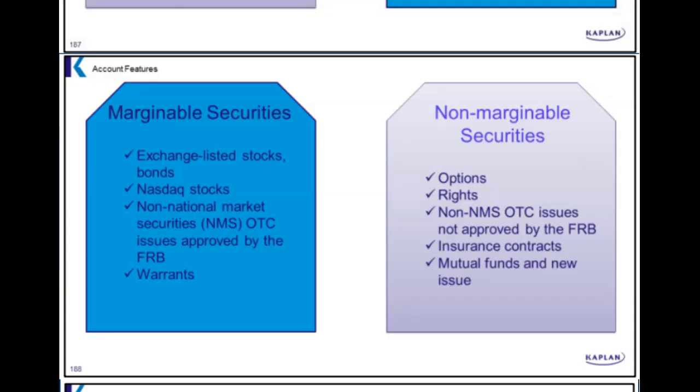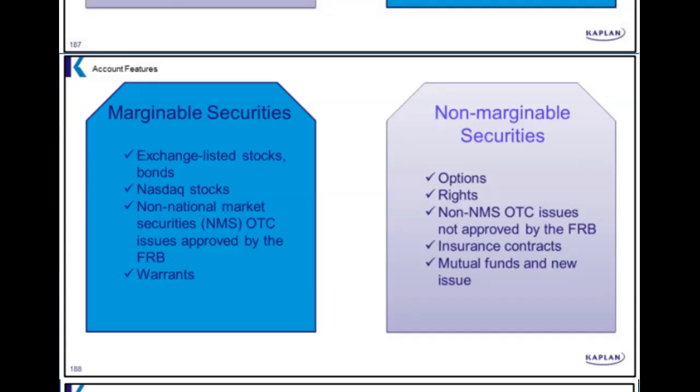Insurance contracts. Custodial accounts, we just talked about that. Mutual funds cannot be margined. And IPOs, or new issues, could not be margined. Anything else would be permitted to be margined.